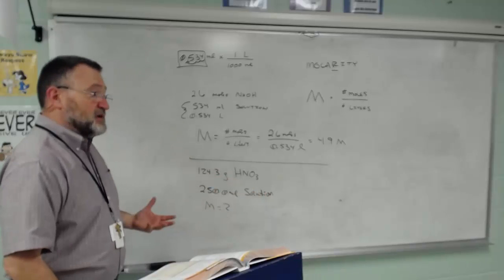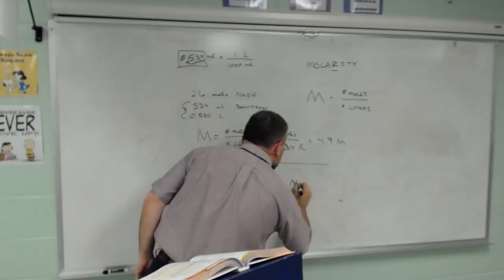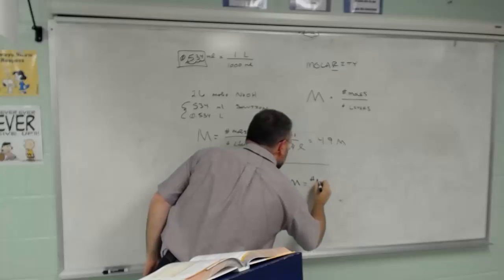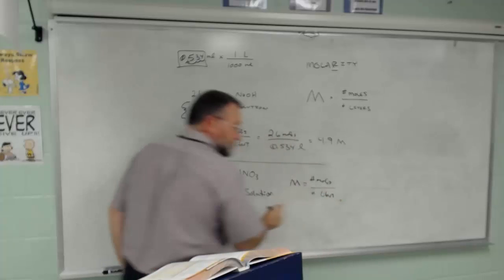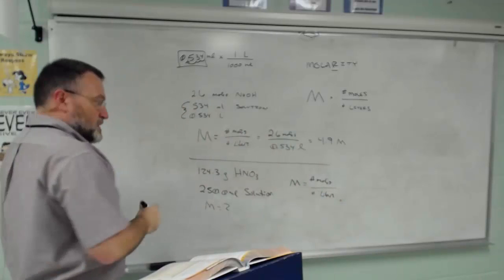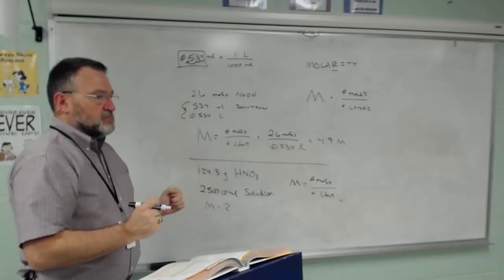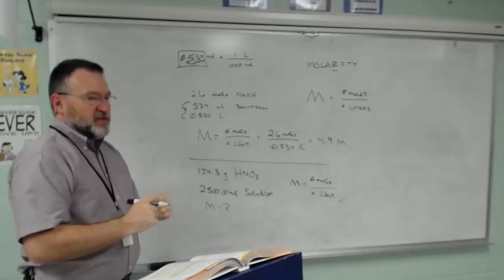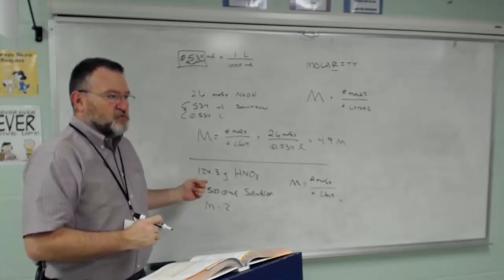Now our formula would take us to say molarity equals the number of moles divided by the number of liters, right? That's our new formula. Okay, what are my number of moles? We don't know yet. We do know how many grams. So how do we go from grams to moles?